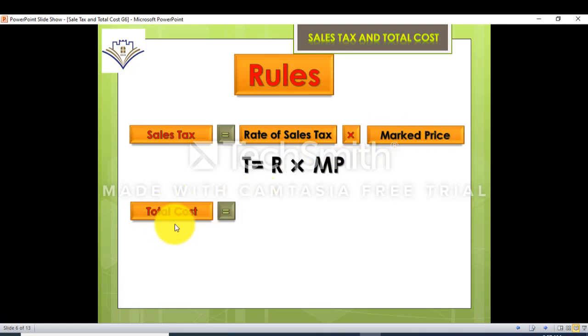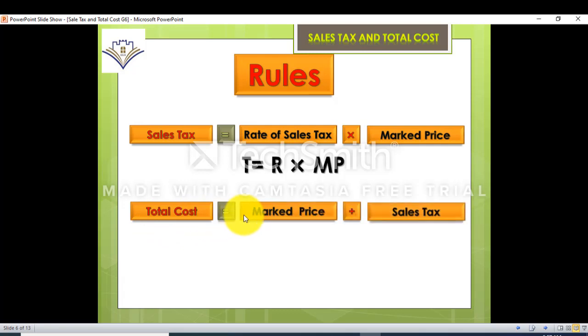The second rule is total cost equals, as we said before, market price plus sales tax. TC refers to total cost, equals MP, market price, plus T, sales tax. These are two rules which we will use to answer the questions together.